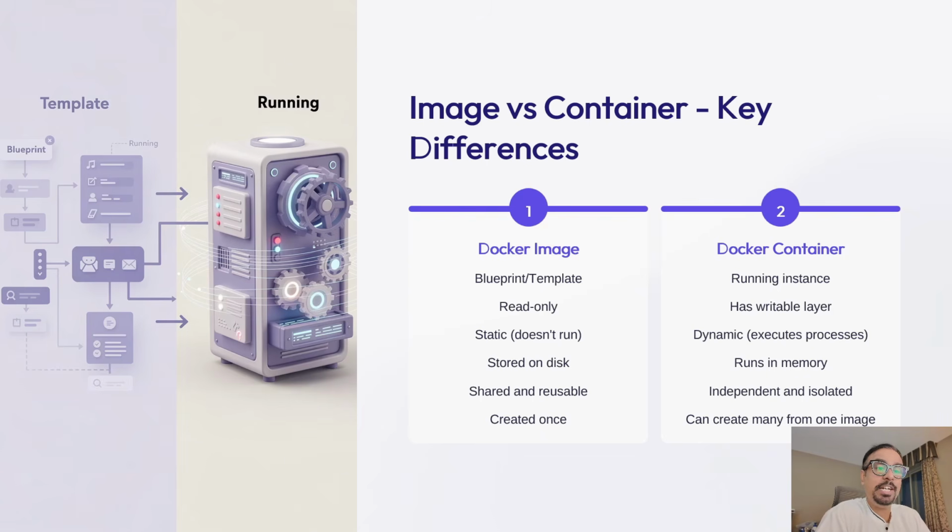So each window is independent. Closing one doesn't affect the other. This image-container relationship is the heart of Docker architecture, where you consider images as a blueprint. Based on that blueprint, you can create multiple containers back to back based on your application requirements. And once you internalize this concept, everything else in Docker makes more sense for you.